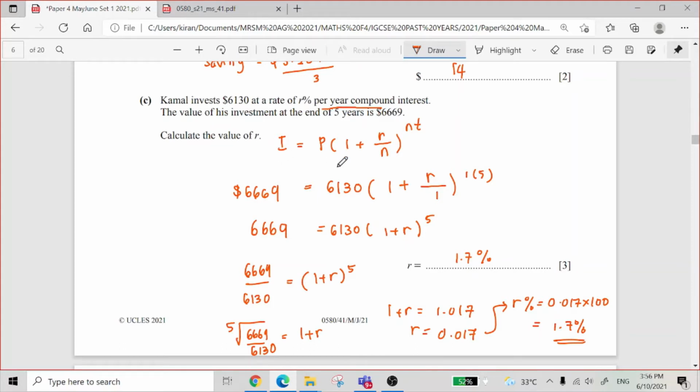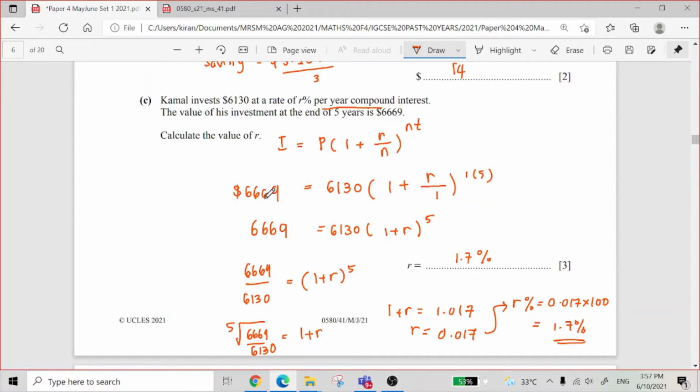This is the formula for compound interest, r divided by n, to the power n times t. What is n? n is how many times it is compounded in 1 year. Here it states that the compound interest only counts once per year, so we divide by 1 here, and 1 times 5 for the time, which is 5 years.